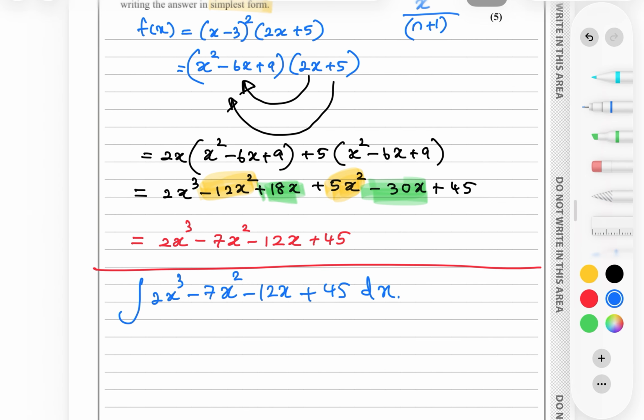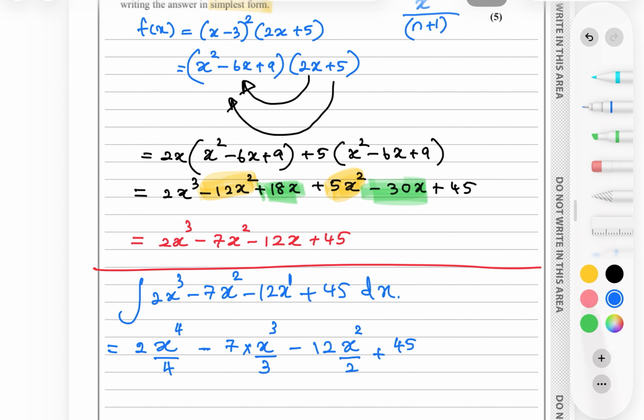Once we have this, 2 is here, then x to the power 3 becomes x to the power 4, divided by 4, minus 7 times x to the power 3 divided by 3, then negative 12, with x to the power, if it's not shown, it should be power 1, so this will be x squared divided by 2, plus 45.